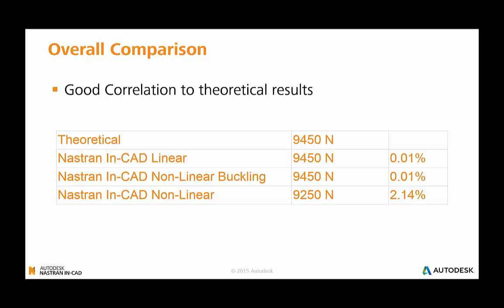If we then run a nonlinear analysis and look at the graph to determine where the part is actually buckling, and look at the geometry at that point in time, you'll find that the discrepancy is still very, very small in comparison to the theoretical value. So again, very good correlation between all of our results.